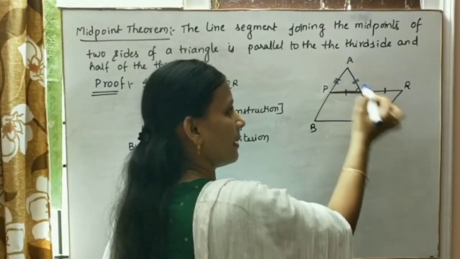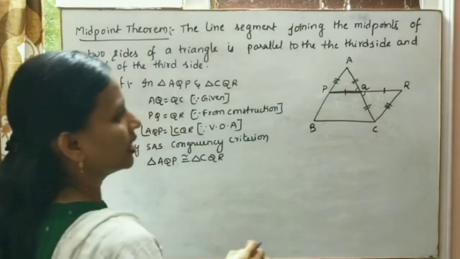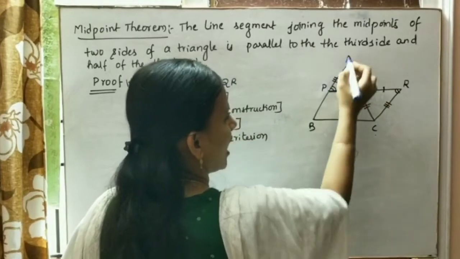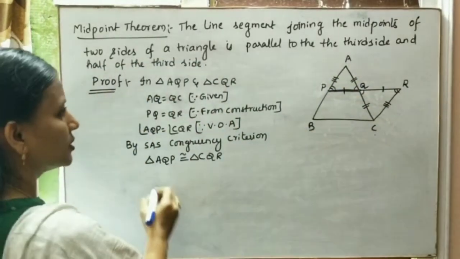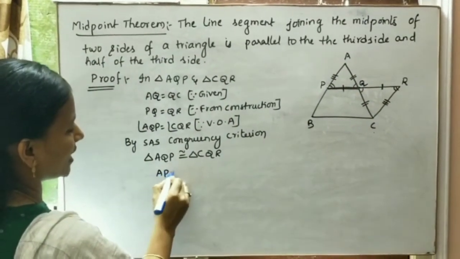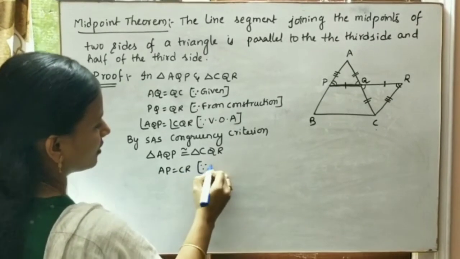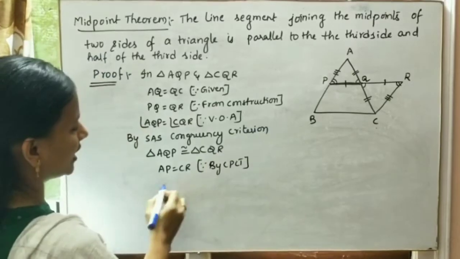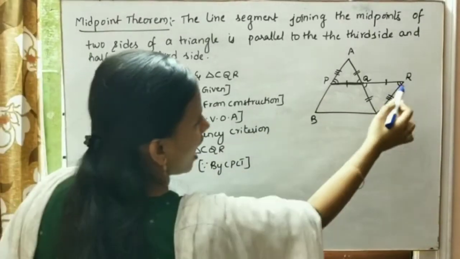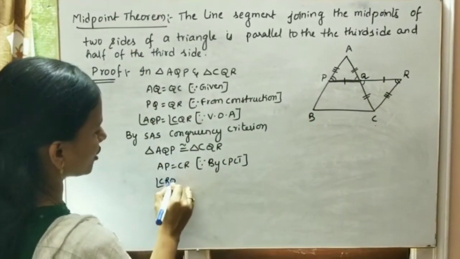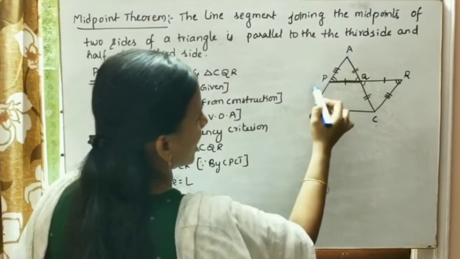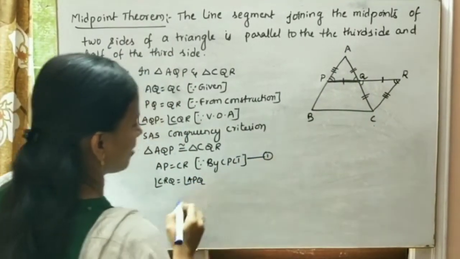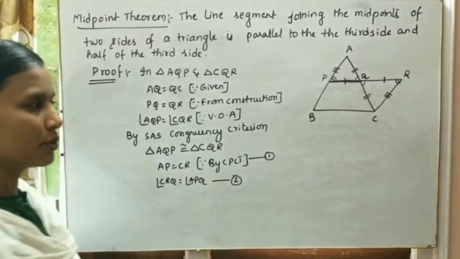So AP is equal to CR by CPCT, and angle CRQ is equal to angle APQ. Take this as equation 1 and this as equation 2.